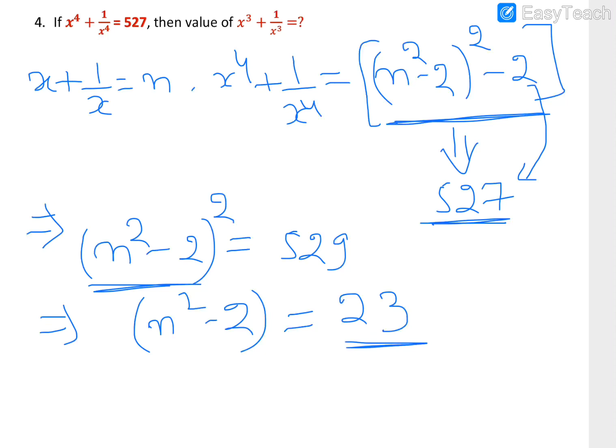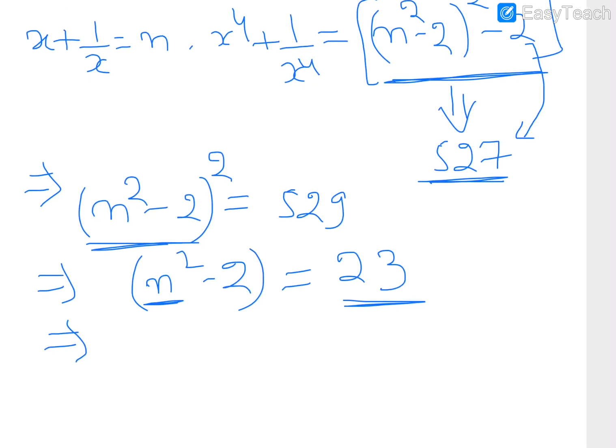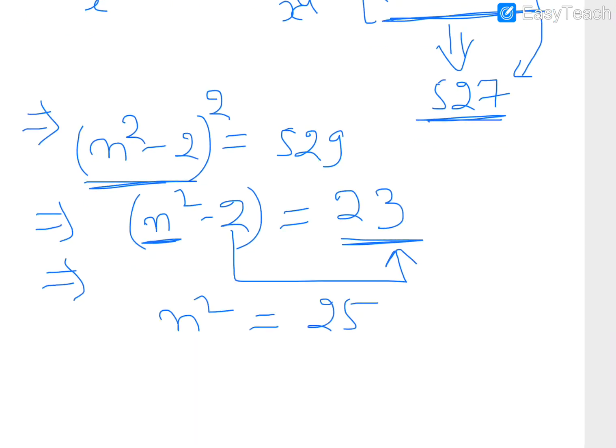Plus minus 23, but if we consider minus, it won't work because n square cannot be negative, so it will be only positive. Then we move this 2 to the right hand side, so n square will become 25. And again if we take the root, n will become plus or minus 5.